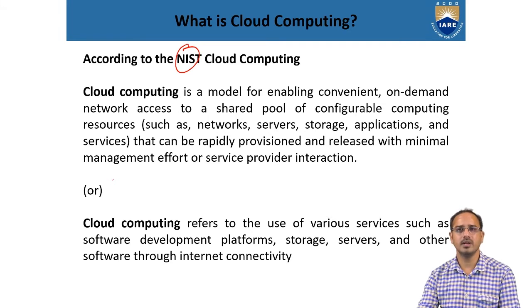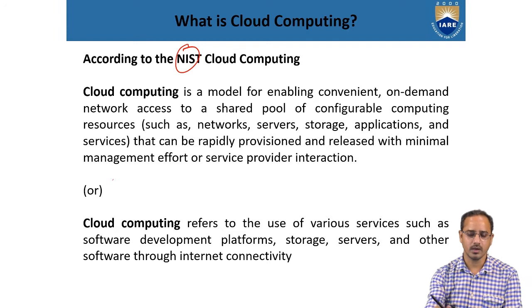So there is no need for the cloud service provider to be involved in releasing the resources which the user needs to access his space on the cloud. This is the basic definition of cloud computing according to NIST.